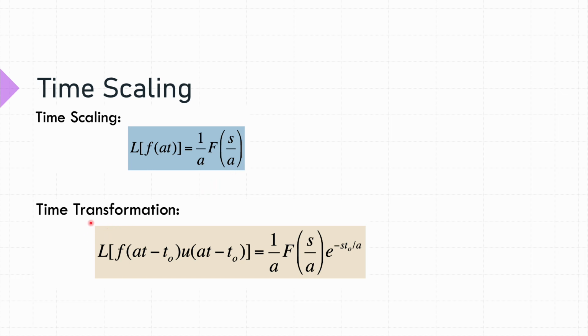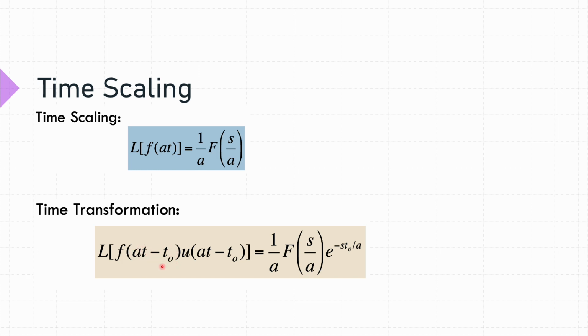Now let's have a time transformation where it has time scaling and time shifting at the same time. The Laplace of it is going to be, the amplitude divided by a, and also inside the bracket divided by a, same as above, because it is time scaling.